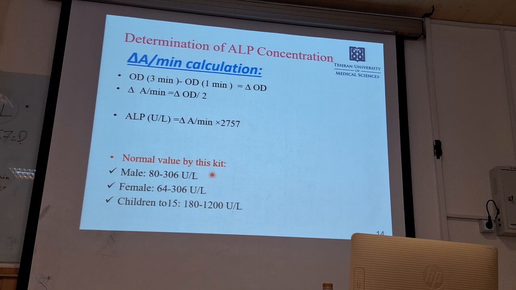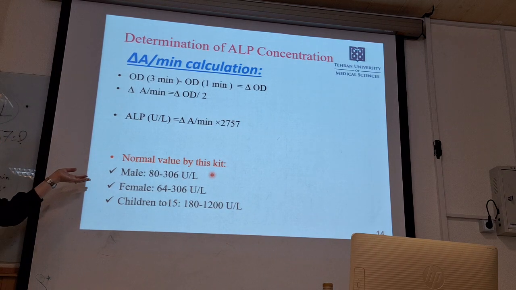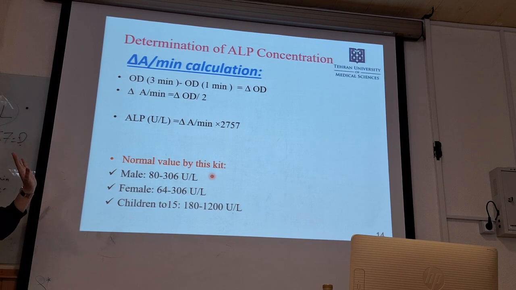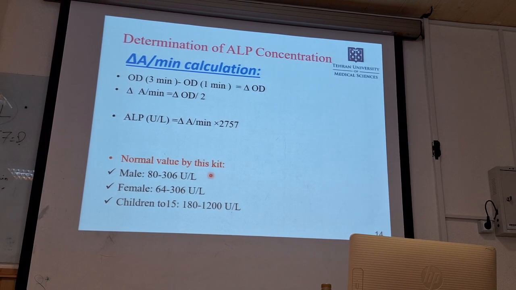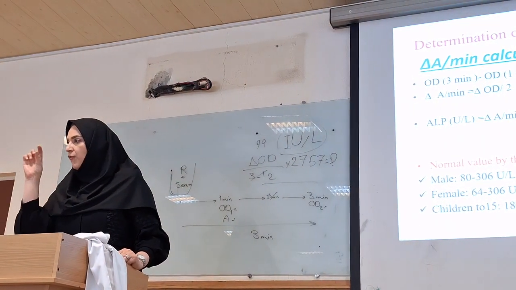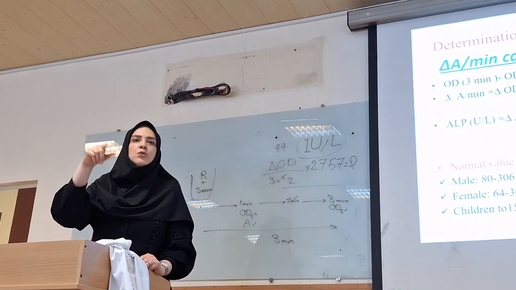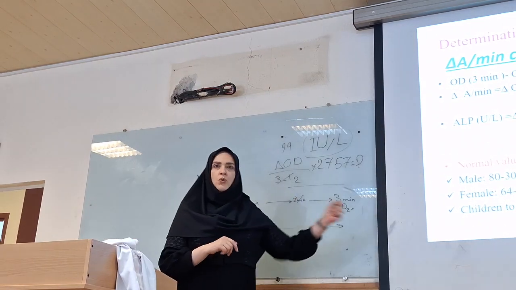And according to this normal range, please note we cannot distinguish between male and female. Just please report this is normal, higher than normal, or lower than normal, okay? Please write your interpretation. So, what should you write? Formula. The final value, unit, and your interpretation. This is normal, or increase, or decrease. Okay, according to this normal range.